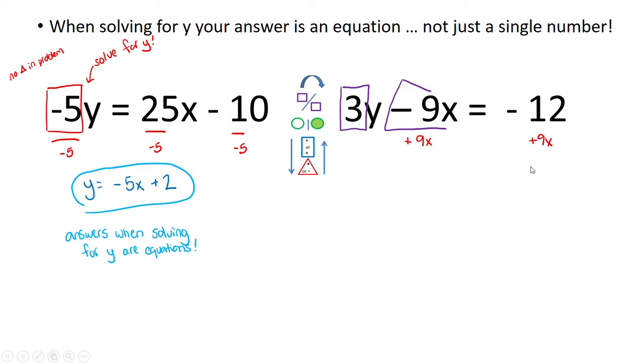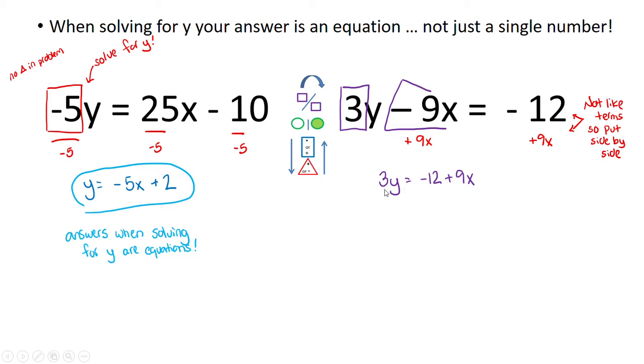What you need to do is remember that the negative 12 and the 9x are not like terms. And this happens whenever you solve for y, is you actually need to put these two terms side by side because they're not similar, so you can't add them together. Okay, very important. If you get that right, you're going to be doing really good in algebra because this is such an important concept in algebra.